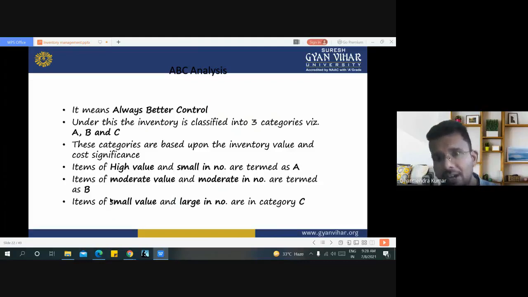In the B group, we keep items of moderate usage in any manufacturing plant, which also carry moderate inventory cost. In the C category, we keep items generally used in the industry, but that type of component accounts for only a small amount of inventory cost.